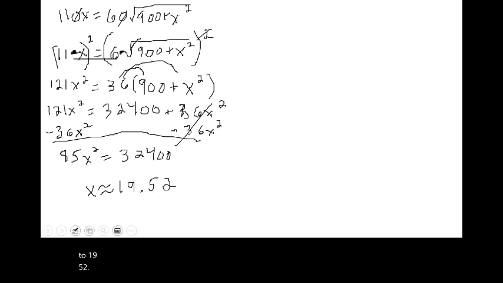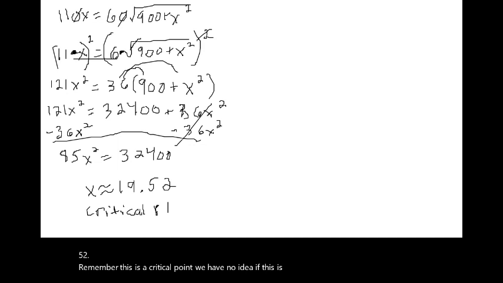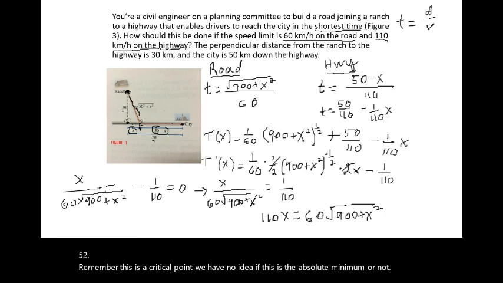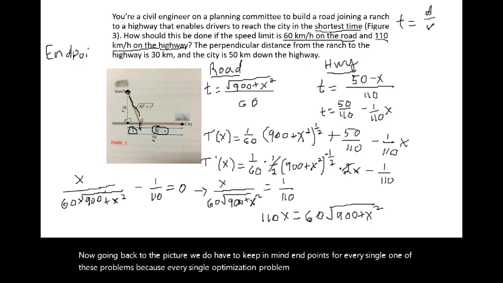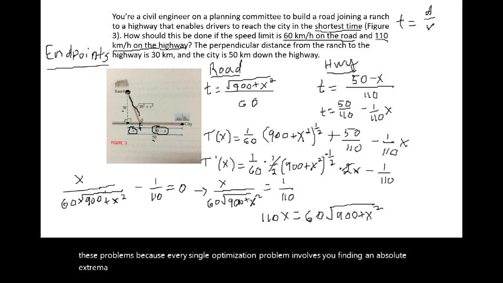Remember, this is a critical point. We have no idea if this is the absolute minimum or not. Now, going back to the picture, we do have to keep in mind endpoints for every single one of these problems, because every single optimization problem involves you finding an absolute extrema. Absolute extrema can occur at either critical points or at endpoints.